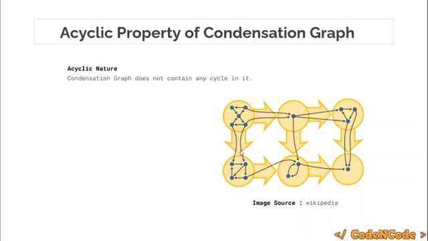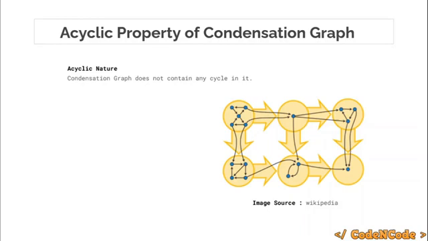But this contradicts the fact that these two are actually 2 different strongly connected components, and hence the assumption that we made that there exists a cycle is wrong. You can try and prove it if you haven't understood what I have said, but you can also Google. I am sure you will find 1 or 2 links on Stack Overflow proving that the condensation graph does not contain any cycle.